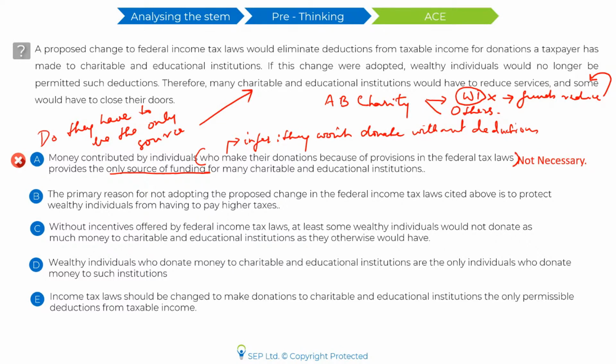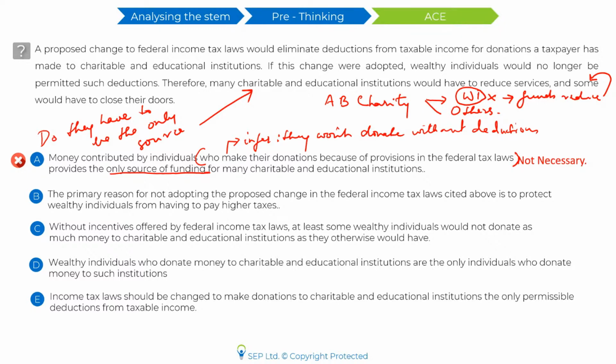So, Vamsi, if the wealthy people are the only source, it definitely supports the conclusion. But even if the wealthy people are not the only source, then also my conclusion will still happen if the wealthy people donate less. Many simply means some. I'm not saying all charities are going to close the doors.